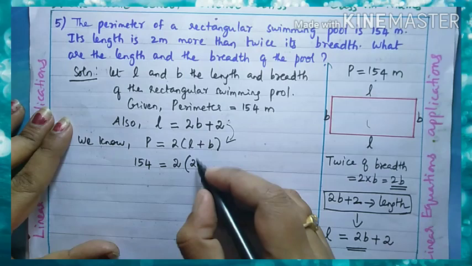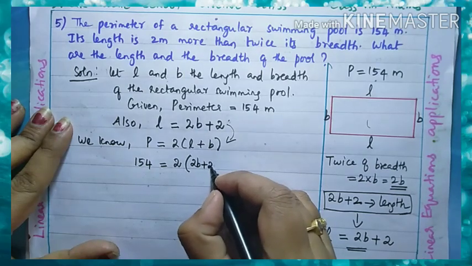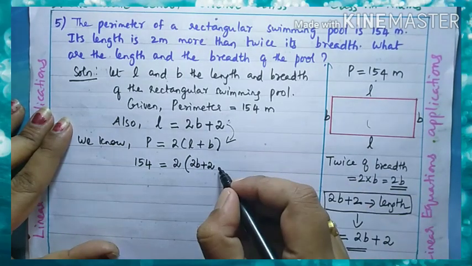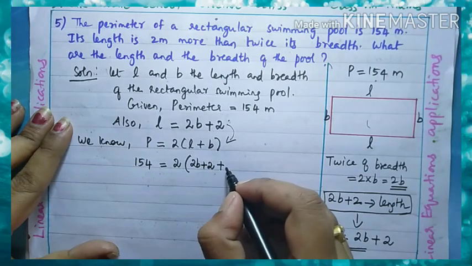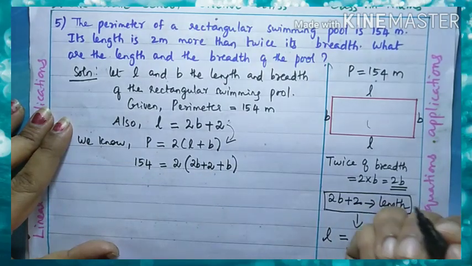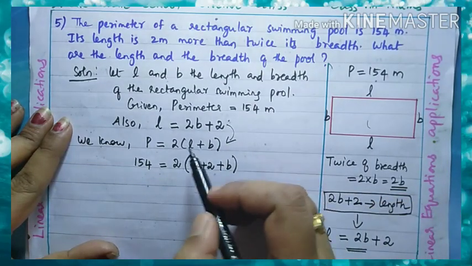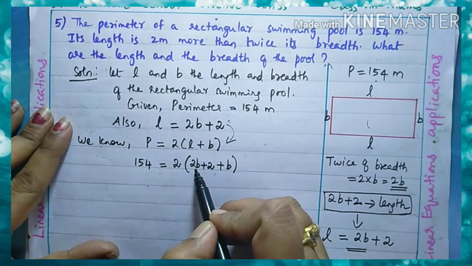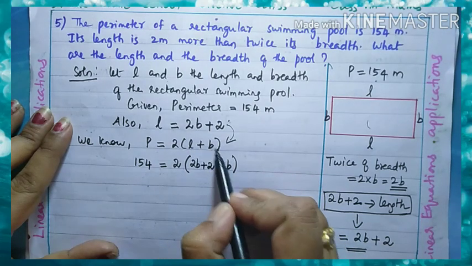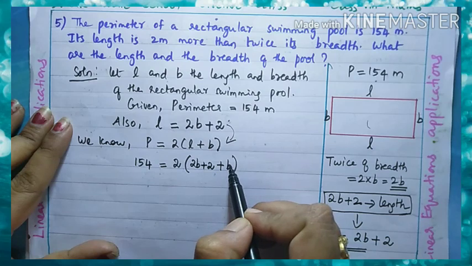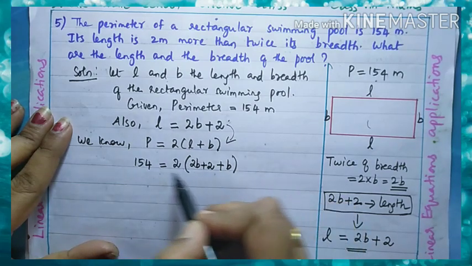Instead of L I am writing 2B plus 2, then plus B. Understood, children? The value of L I put as 2B plus 2, then this B. Do this step carefully.